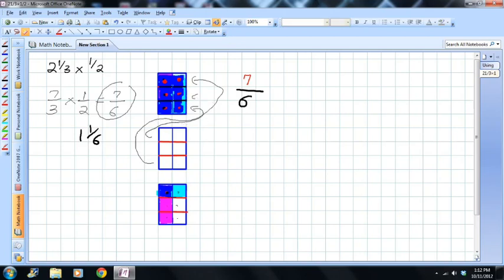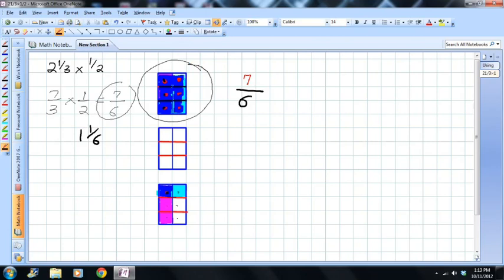But let's look at what I still have shaded. Notice this first rectangle is completely full. So that is one complete rectangle. One full rectangle.